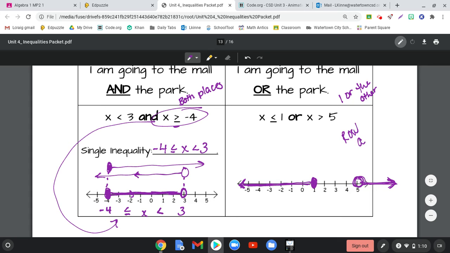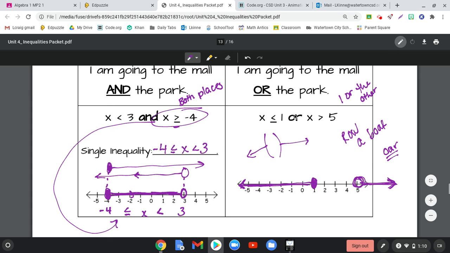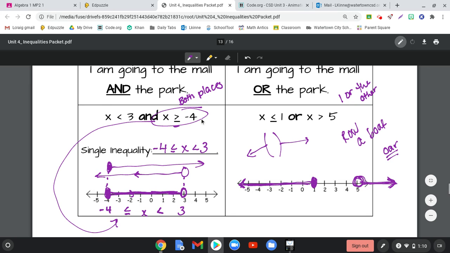You might say, a boat? Think about if you're rowing a boat, those things sticking out that you're paddling with are called oars, right? Spelled a different way, but here's the boat, you're rowing the boat, the oars are sticking out. Anytime it's an or problem, you may see the shading going out like that. If it's an and problem and the x is in between, you shade in between.